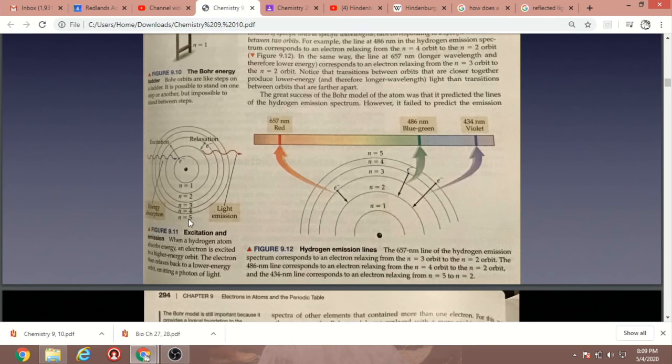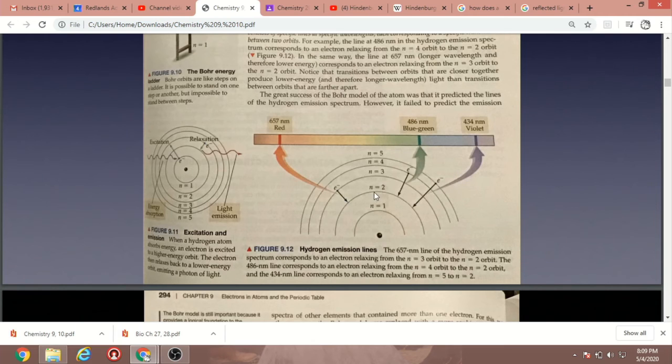To be in the fifth orbit, you need a whole lot of energy. And so when you energize an atom, the electrons can actually go to higher energy orbits. Like let's say an electron was in energy orbit number 2. It would jump to the third energy level, but nothing in between. There is no in between.